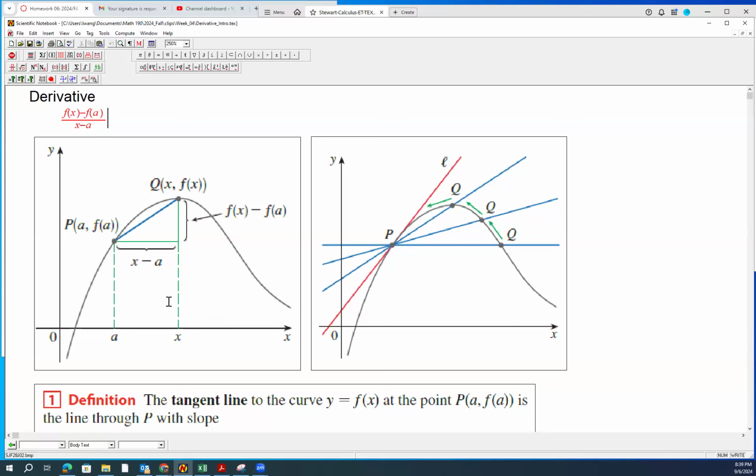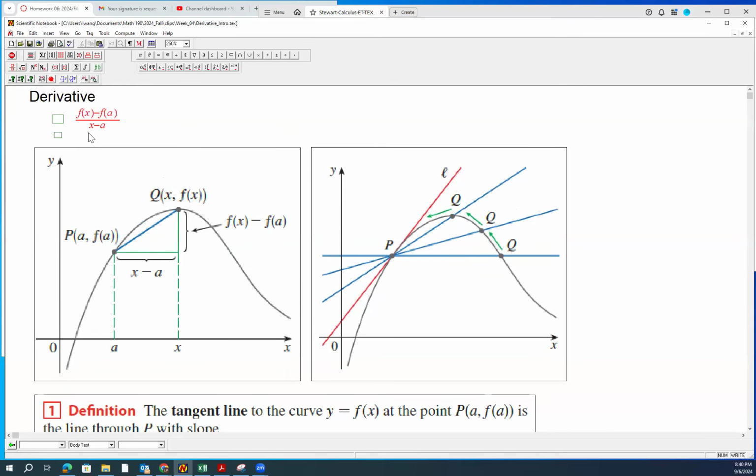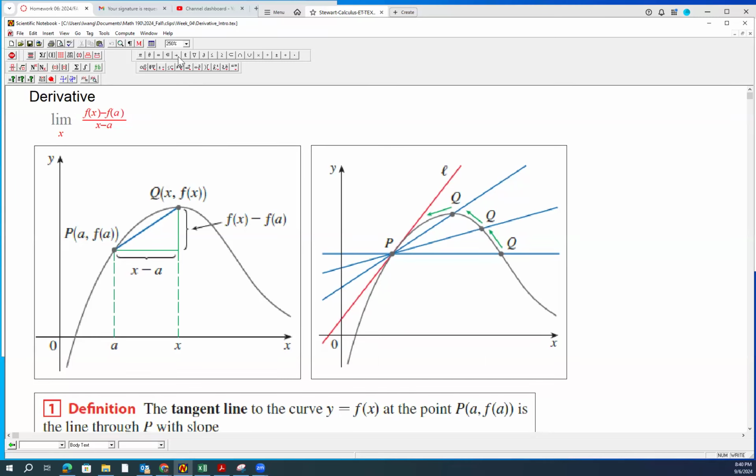But we will take a limit. We're going to take a limit, and the limit is taken for x approaching a. So x is getting closer and closer to a.